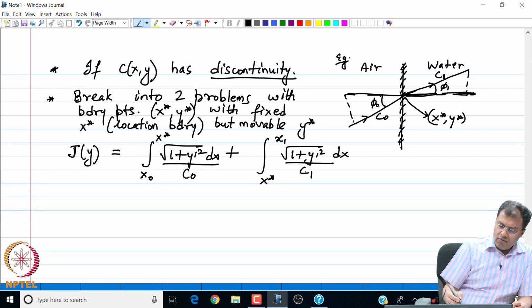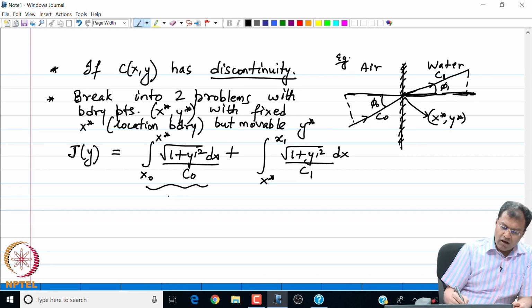So now we see that the integrand of each of these integrals is purely a function of y prime. So each of these individual functionals falls under case 1, or the extremal solution to these functionals is nothing but straight lines, right.